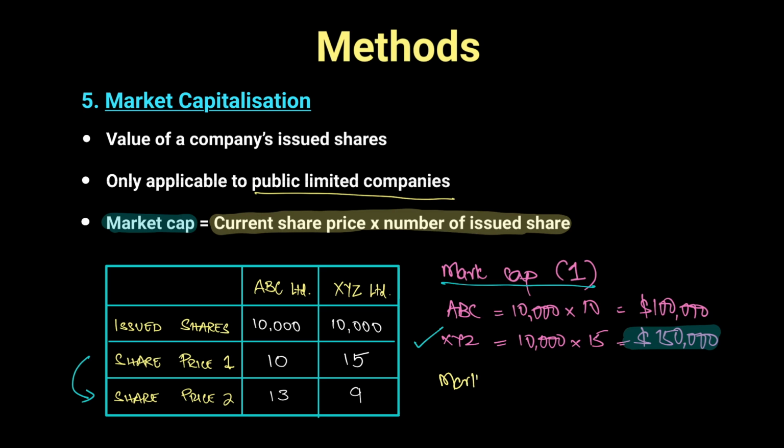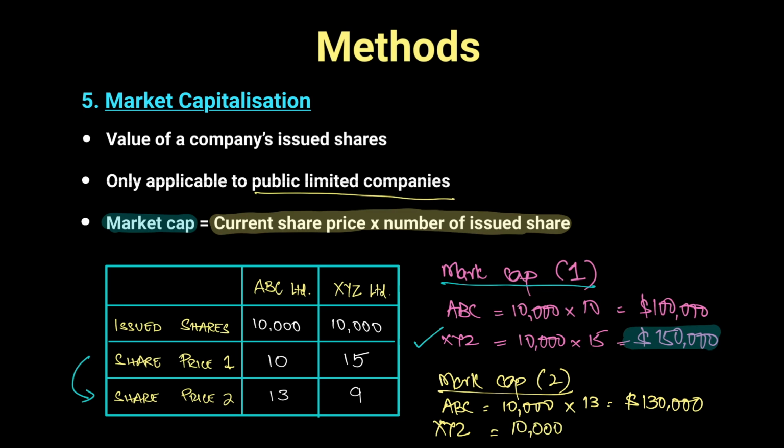I'm just going to calculate that here, market cap number two. ABC this time around, they still have 10,000 shares, but the share price has gone up to 13, which gives them a market cap of $130,000. Compare that to XYZ, they still have their 10,000, but now their share price has really dropped.